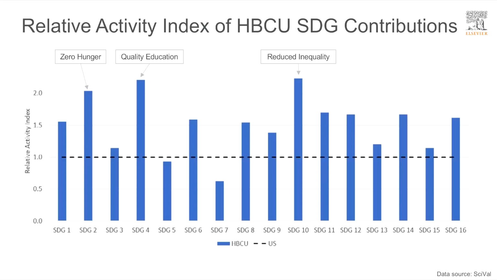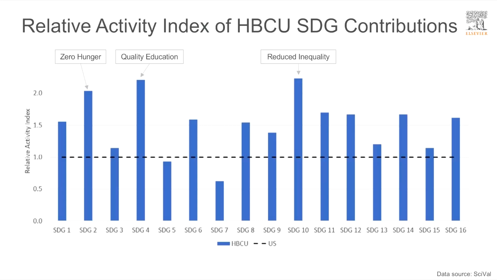And you could look at the relative numbers of publications in each portfolio that could be linked to the SDGs. And to make the story relatively easy to see, what we've done is we've taken the percentage for the US portfolio and set it to exactly 1.0 for each of the SDGs. And that's the dashed horizontal line that you see running across the figure.